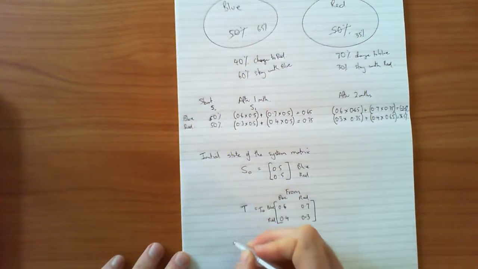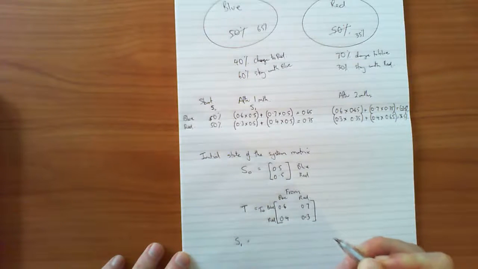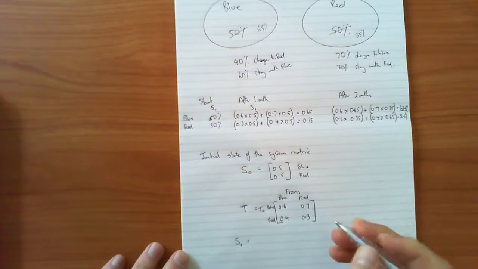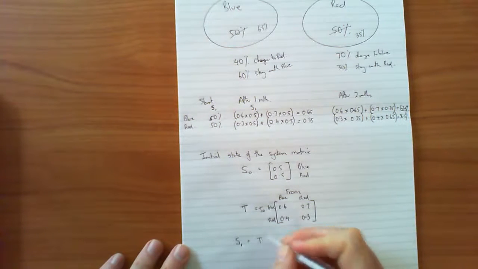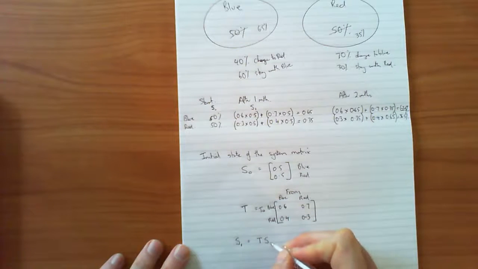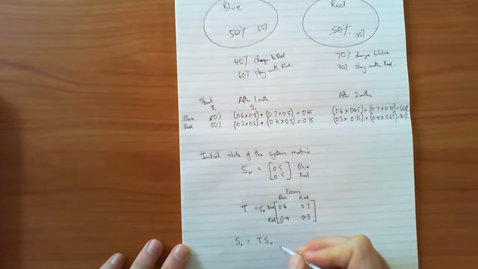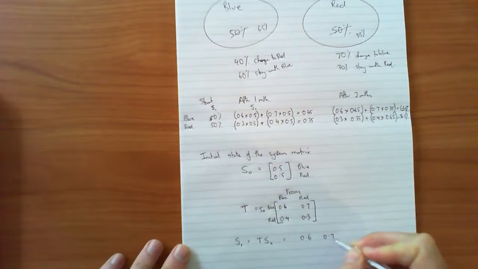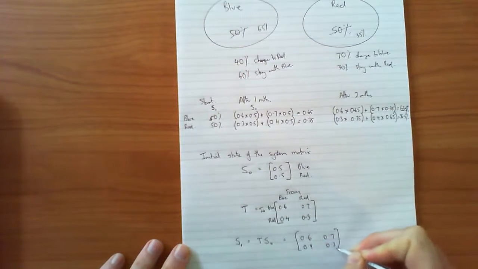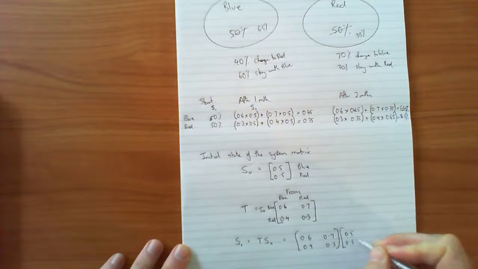If we want to work out the state of our system after one transition, we multiply our transition matrix T multiplied by S0. That is going to be 0.6, 0.7, 0.4, 0.3 multiplied by S0, 0.5, 0.5.